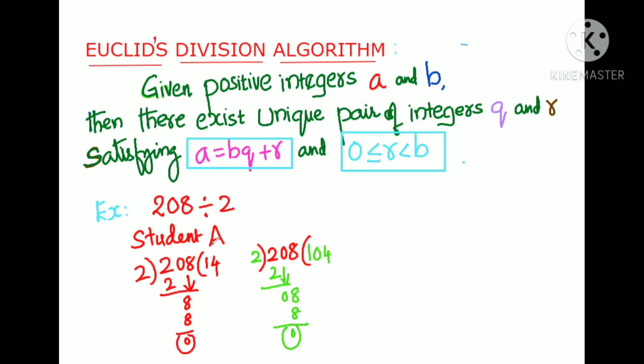In previous classes, we verified the division process by using the division algorithm: dividend is equal to divisor into quotient plus remainder.